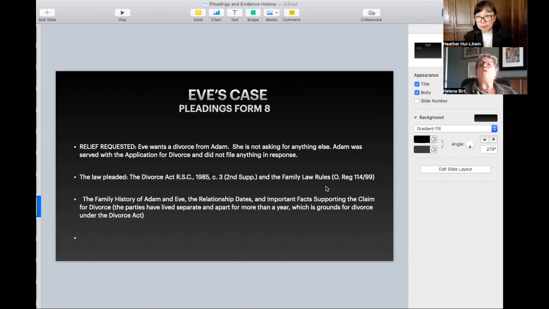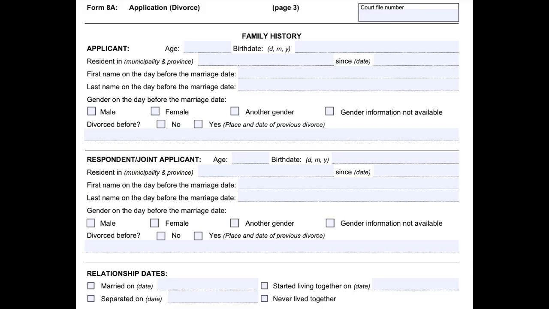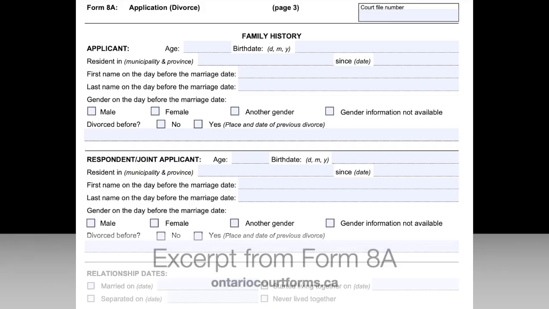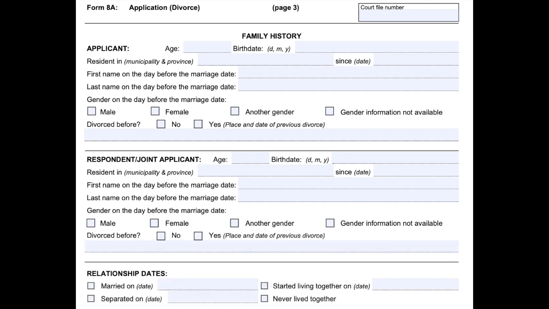Then the form walks through the material facts that she has to prove in order to get the divorce. That's what all this stuff is when you walk through the form itself: their family history, their relationship dates. Did they live together before they got married? If they got married, what is the date of marriage? And any other important facts supporting the claim. To do that, you've got to go back to the law that was pled.